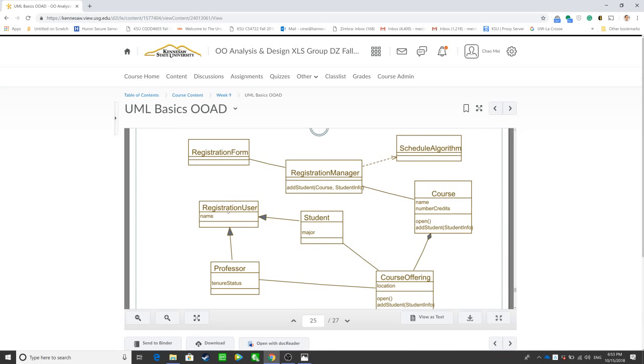Like human. Let's use human as a superclass. A student is a human, right? A student is a human, so we can use inheritance, like student gets eyes, nose, head, something like that. Professors inherit from human.